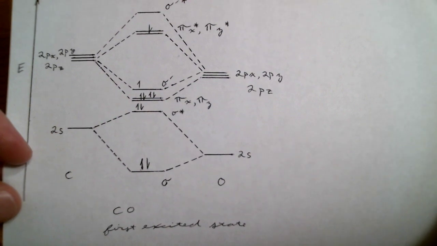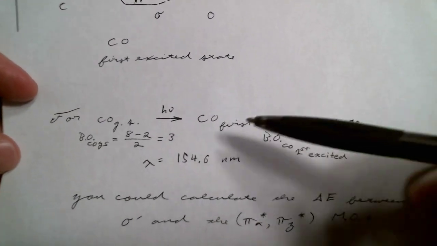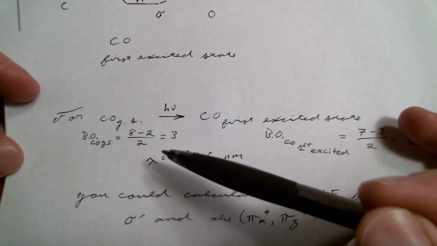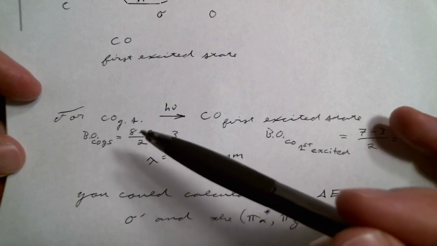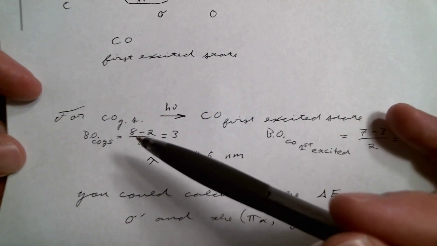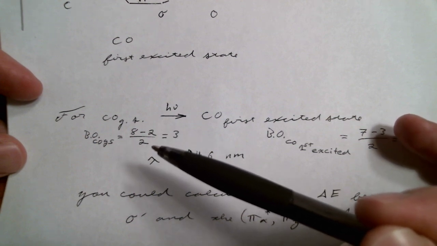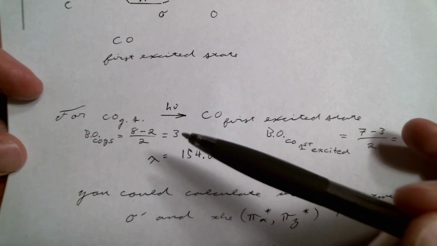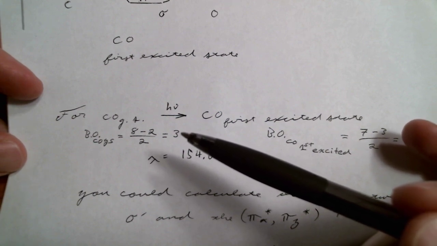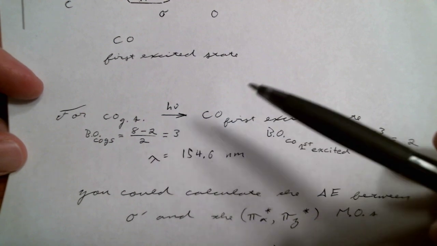And just to revisit the idea of bond order, we could think about the bond order for carbon monoxide in the ground state. That is 8, the number of electrons in bonding molecular orbitals, minus 2, the number in antibonding molecular orbitals, all divided by 2. That's a bond order of 3. And we had that sense that there would be a triple bond for carbon monoxide from the most favorable Lewis dot structure for it.